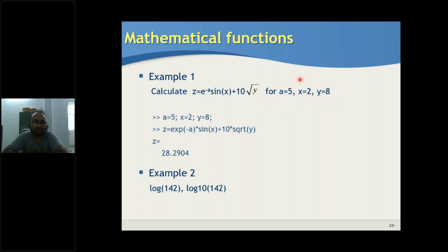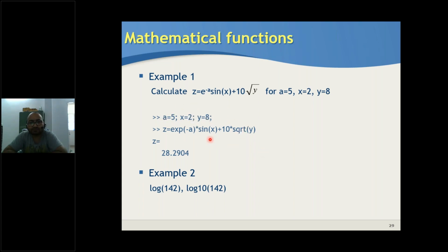Okay, so you have to initialize these variables. So a equals 5, x equals 2, and y equals 8. We have used semicolon to suppress the output. If you are using this semicolon, then you will not get to see the output of these variables at the command window.